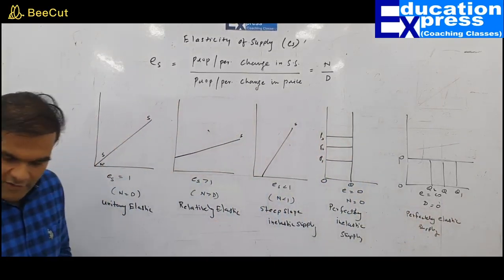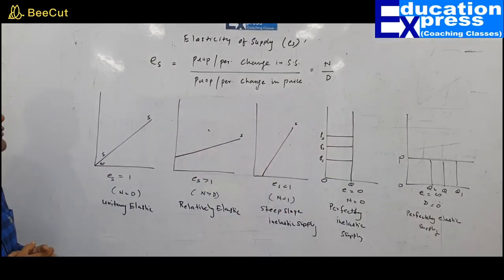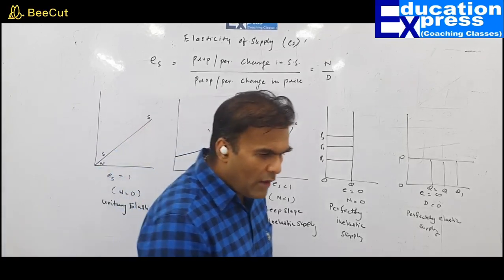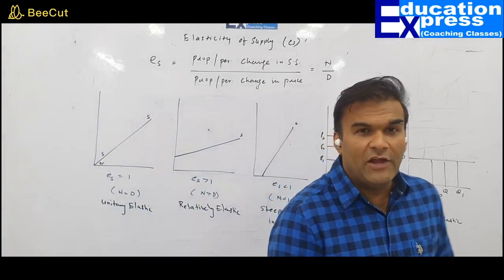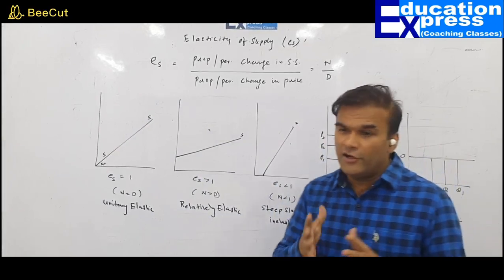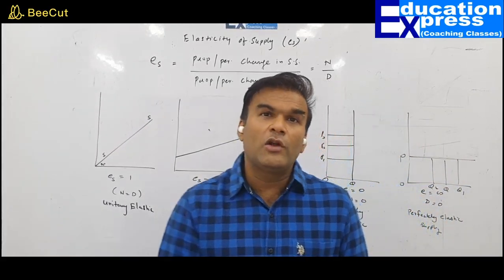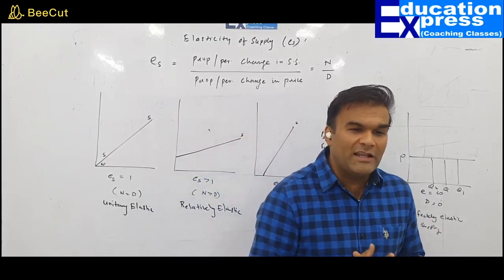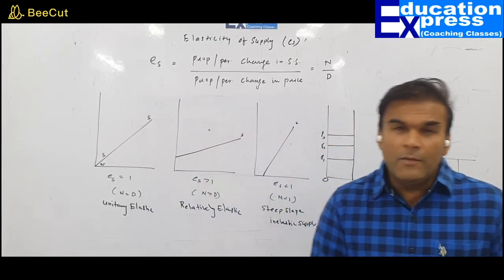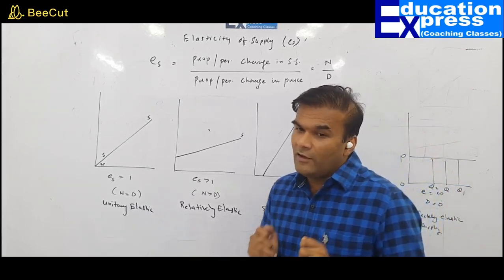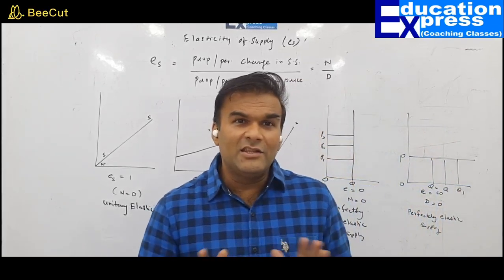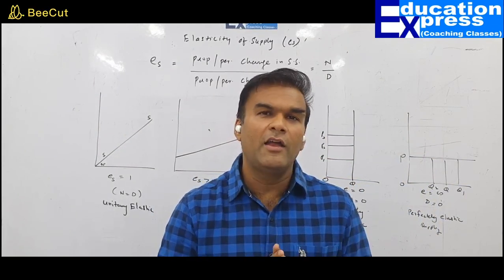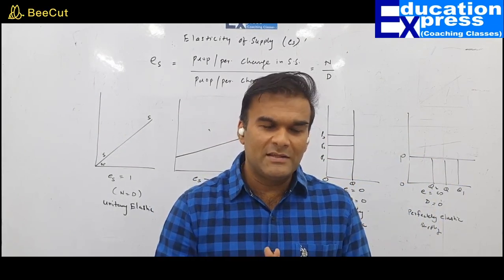With this, my dear friends, the entire concept of elasticity of supply comes to a halt. I am sure if you go through the diagram and try to understand the logic behind numerator and denominator, this technique will surely help you to have amazing clarity about what exactly elastic means. You need to remember one thing very clearly. Elasticity, in short, is the response of the supply due to change in price.